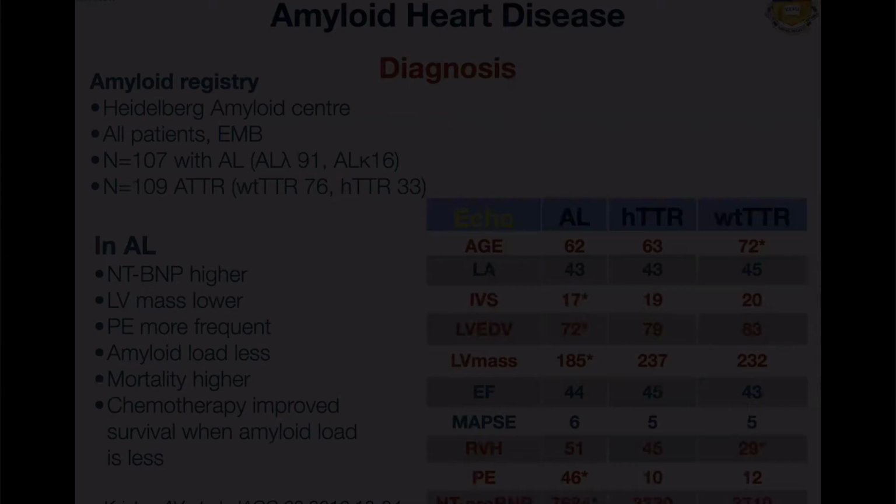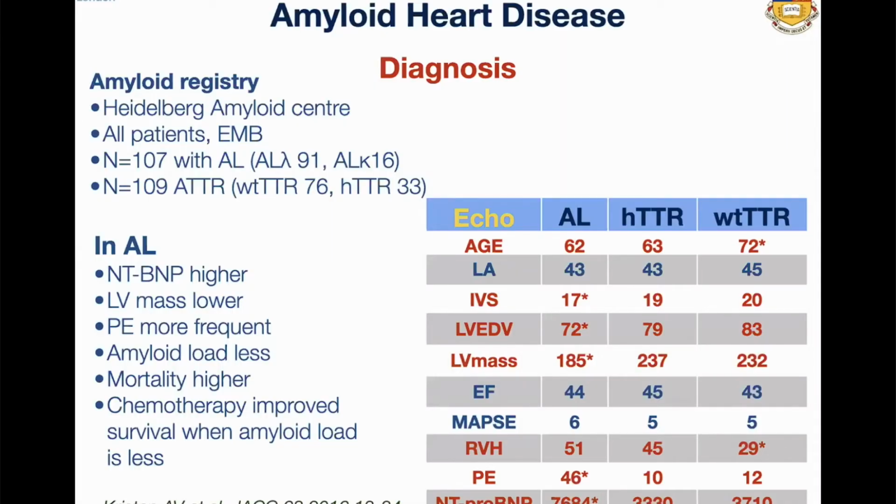Okay, now that's an important study because it shows that in these patients, with over 200 patients, half were with AL amyloid and the other half between wild type and hereditary. And what you see here, without going in full detail of the slide, is that patients with AL amyloidosis had less hypertrophy.